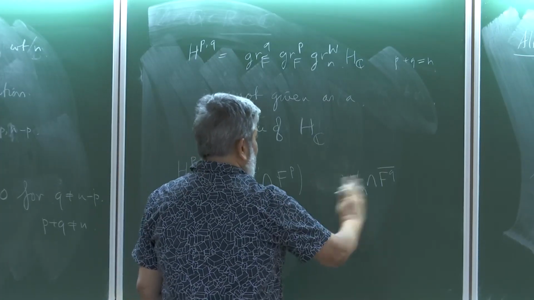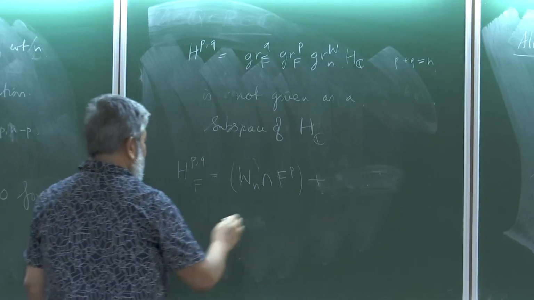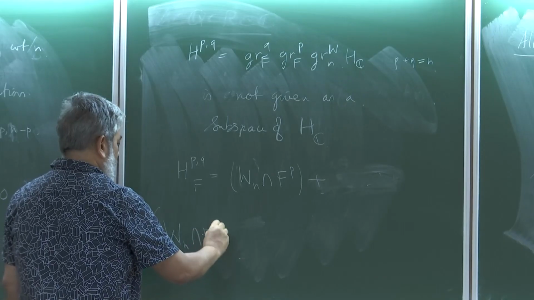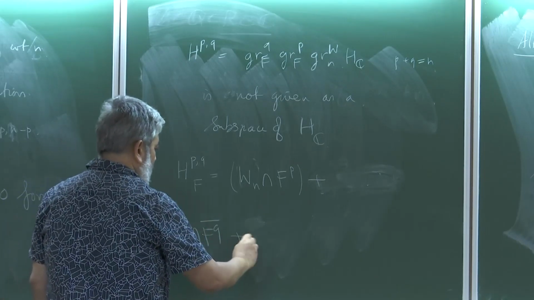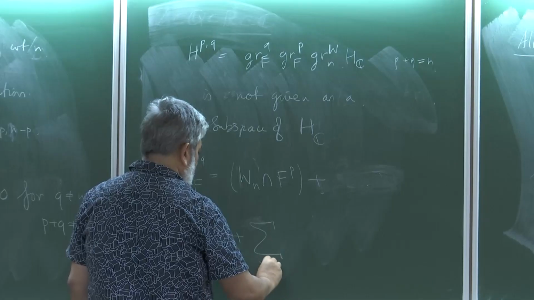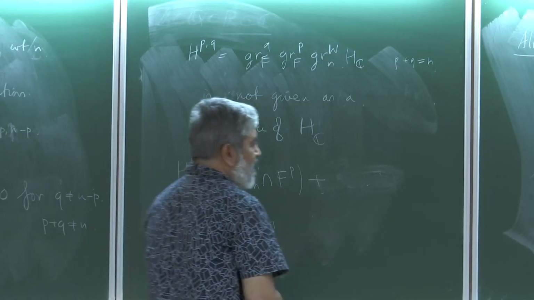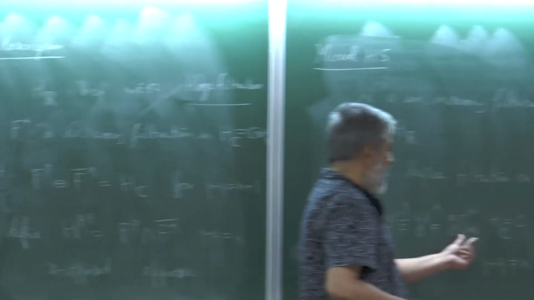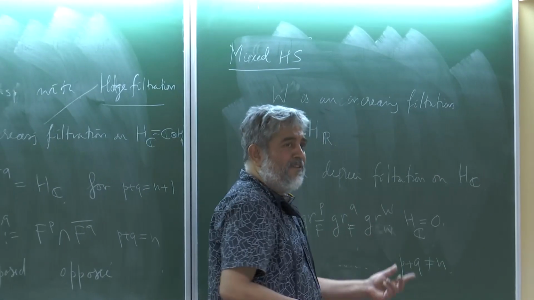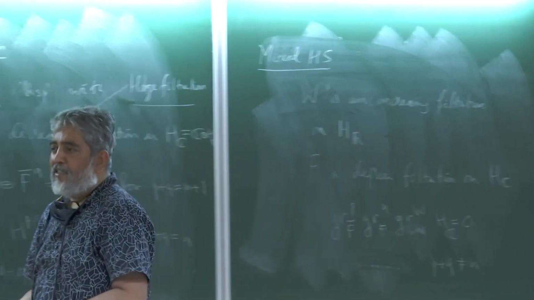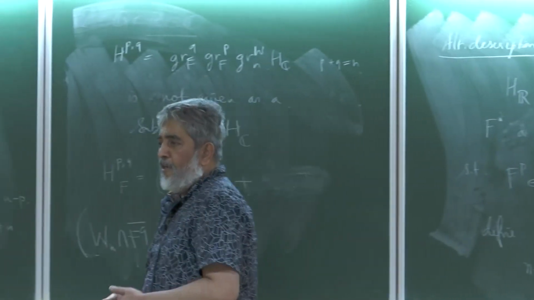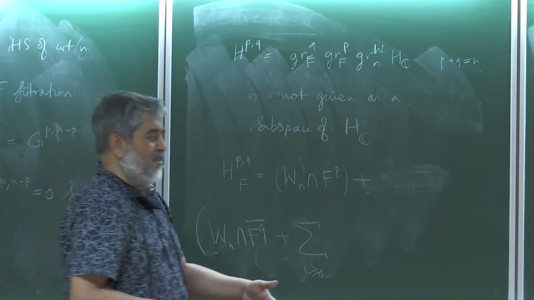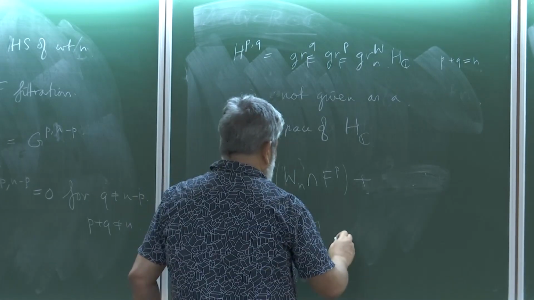So let me write it separately. And the reason is, when you are looking at grade n, since W is an increasing filtration, Wn contains also Wn minus 1, and all those terms will appear here.